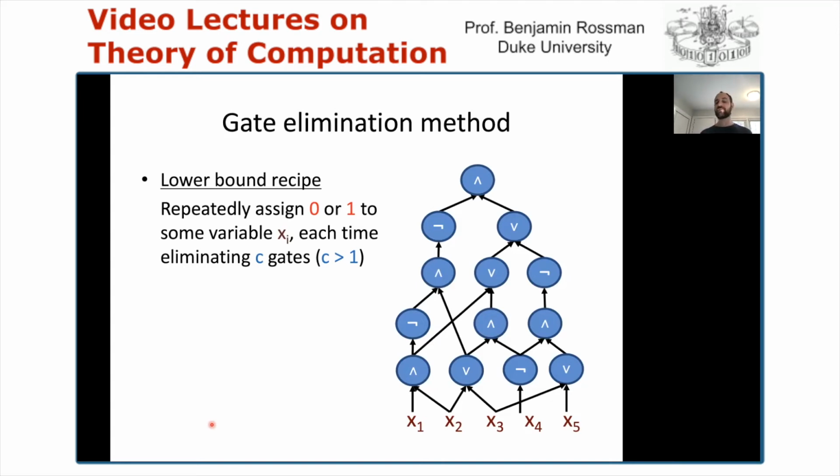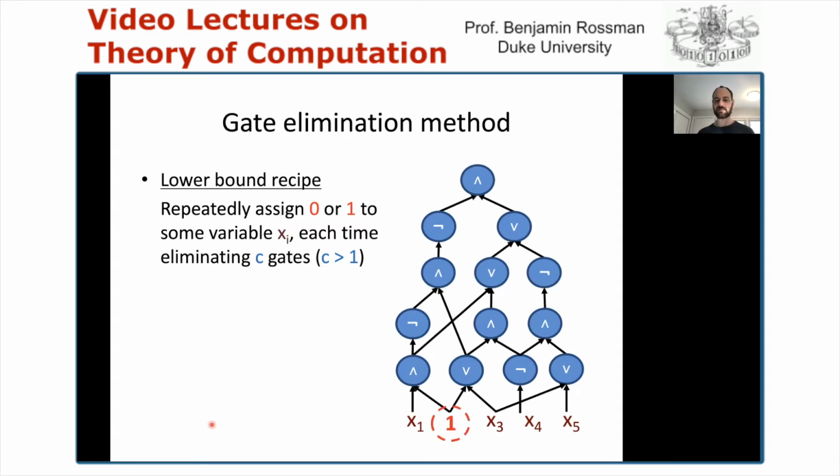Suppose we could repeatedly pick some variable xi and assign it to either 0 or 1 in a way that eliminates at least c gates from our circuit each time we do this.